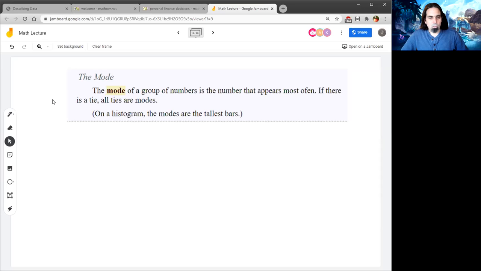Okay, so you've learned about histograms. You've learned about ways to talk about average or typical or representative or most common. You've learned some of the things to be wary of.